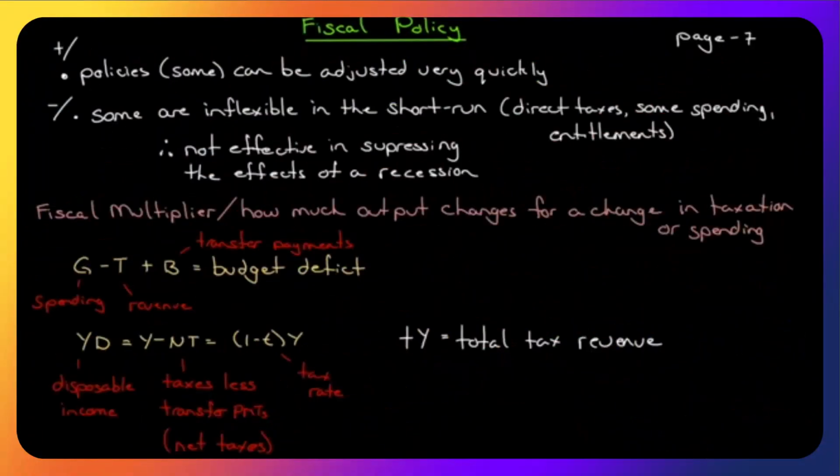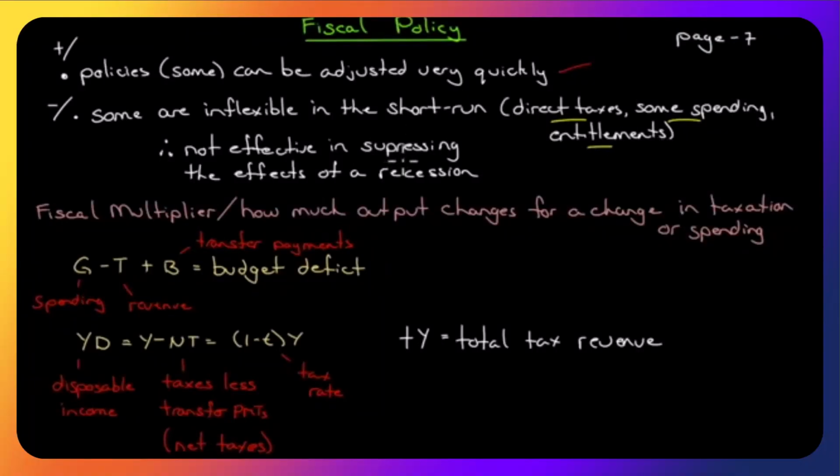Okay, a couple of points here on the advantages and disadvantages of using fiscal policy to actually engineer outcomes in the economy. The advantage is that some policies can be adjusted very quickly. What do you think a disadvantage is? Some others can't, right? Some are inflexible in the short run, such as direct taxes, some forms of spending which need congressional approval, and entitlements.